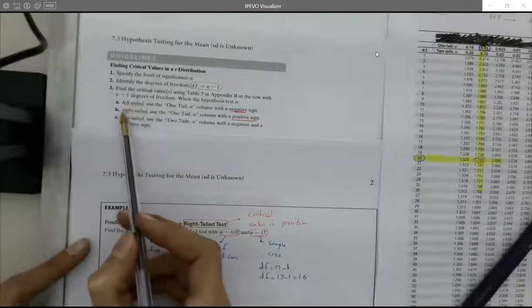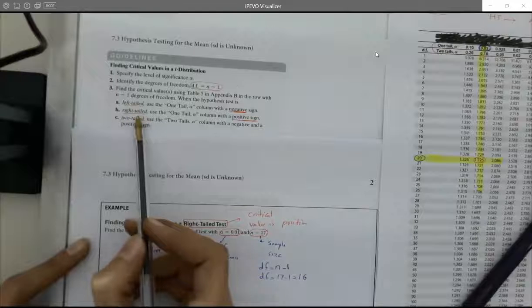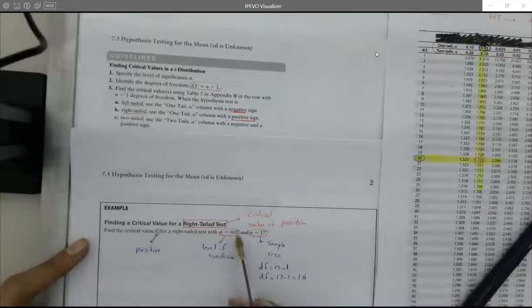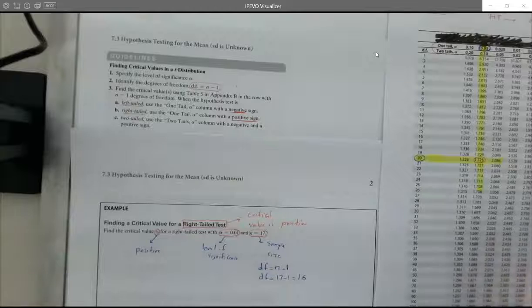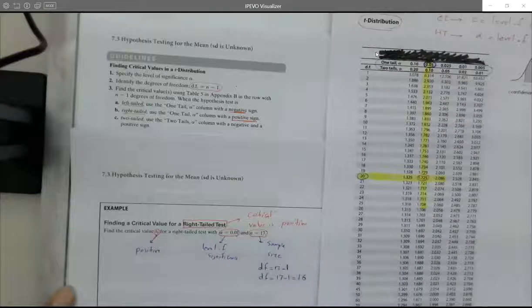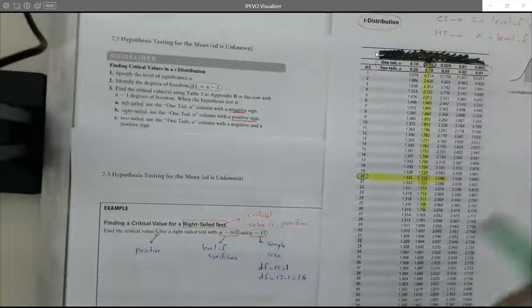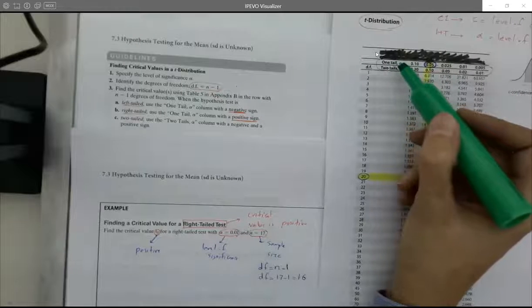The question says I have a right-tail test. It means that I just find the intersection between my alpha and the degrees of freedom, and I copy down the critical value here. So let us start. So my alpha is equal to 1%, and it's a one-tail test. It's a right-tail test.